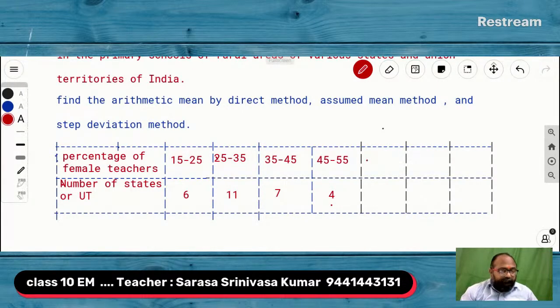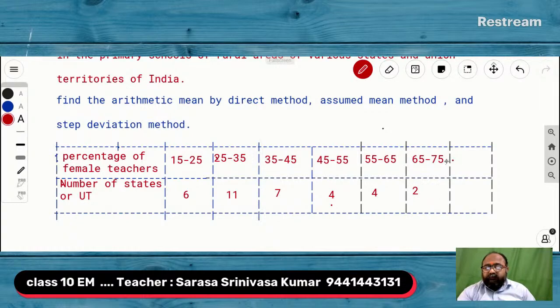Next class interval is 55 to 65. Number of states or union territories is 4. Next class interval is 65 to 75. Number of states or union territories is 2.